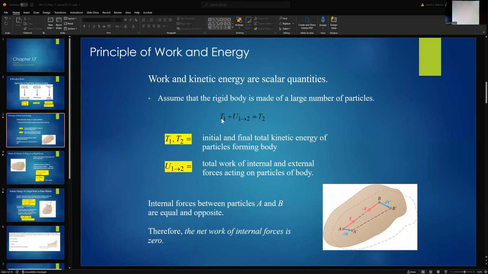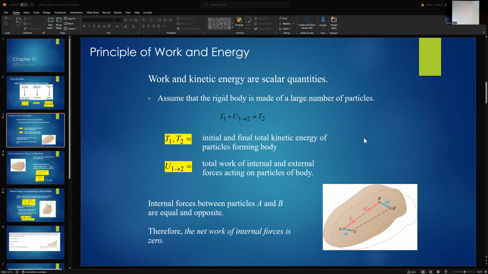Remember that whenever we're dealing with energy, we have all the energy that we start with on one side of the equation, and then we add to that the change, and then that equals the final. We went over that ad nauseam in particles. When we're dealing with rigid bodies, the only difference is we have to account for rotation now, which we didn't have to do with particles.